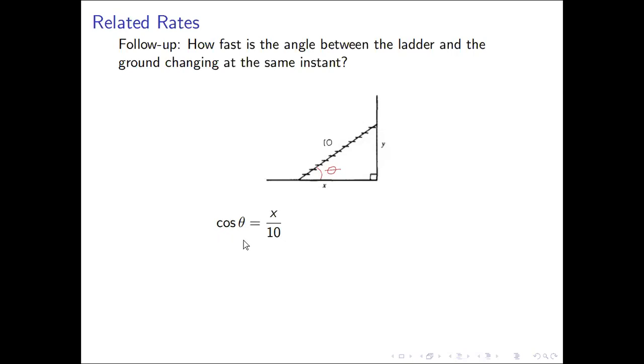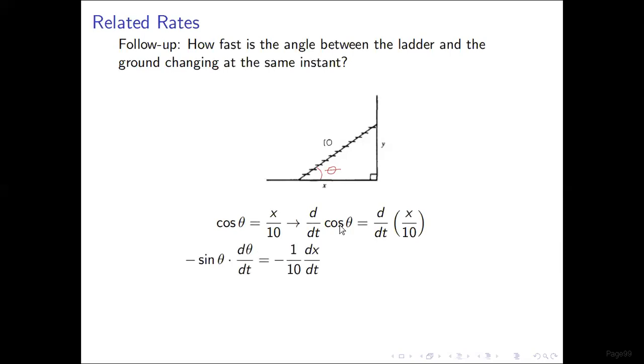Then this gives us a relation between theta and x. Remember I said a while ago that once you have a relation, you differentiate with respect to time. So differentiating, left-hand side with respect to time, right-hand side with respect to time, then applying the rules for cosine and the chain rule.